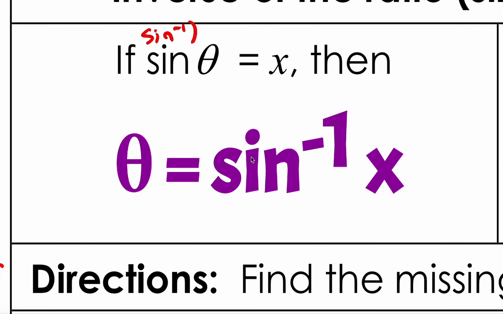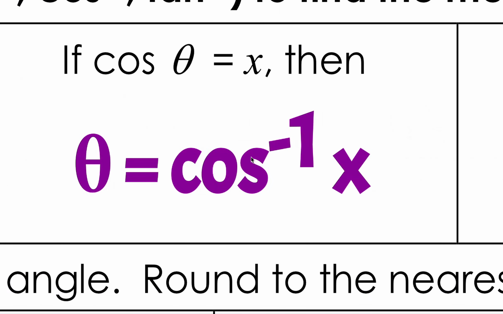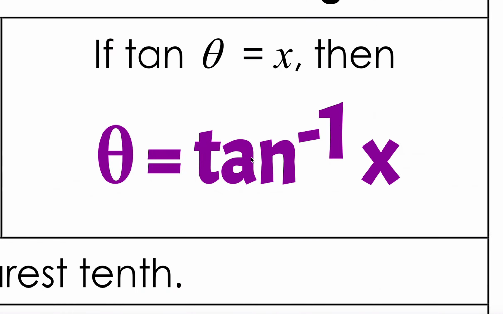So if I take the inverse sine of both sides, these would cancel and I'd be left with theta equals the inverse sine of x. Okay, same thing with cosine. If I have cosine of theta, an angle I don't know, equals something, I just take the inverse cosine of both sides. These cancel out and I'm left with theta equals inverse cosine of x, and I just punch that into my calculator. And the same thing with tangent.